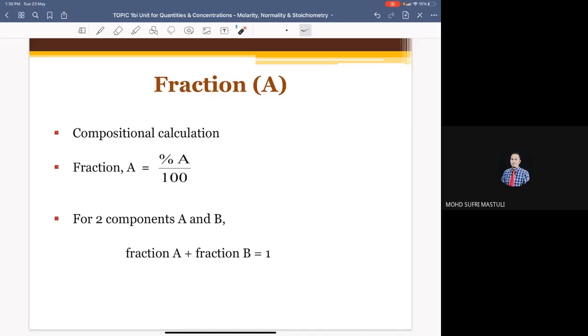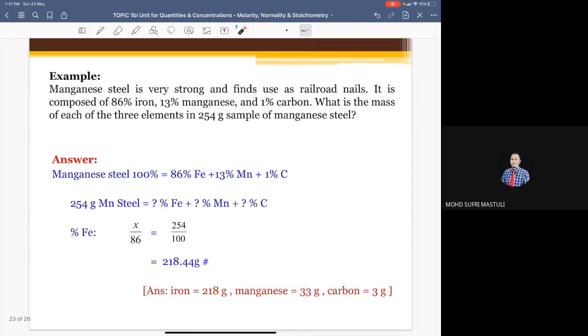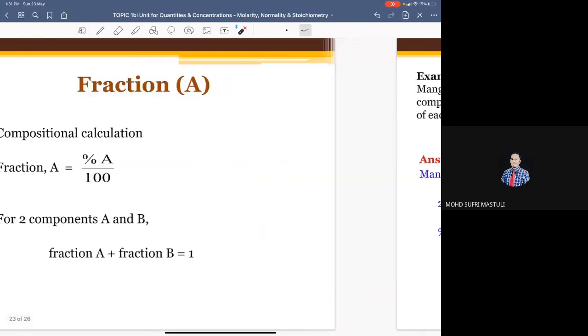For example, the fraction of A is the percentage of A over 100. If we have two components, A and B, meaning that fraction A plus fraction B should be equal to 1. So this is the example related to the fraction or compositional calculation.